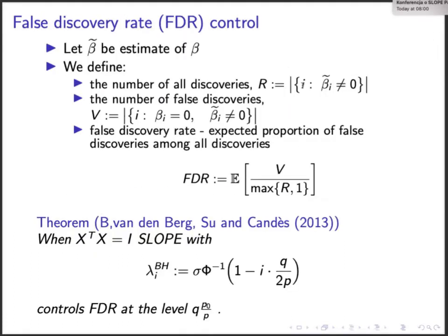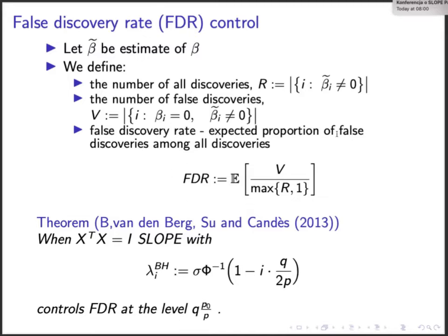So why did we design SLOPE? I have a lot of experience in multiple testing. In multiple testing, we perform many tests at the same time, and a very important notion is the false discovery rate.